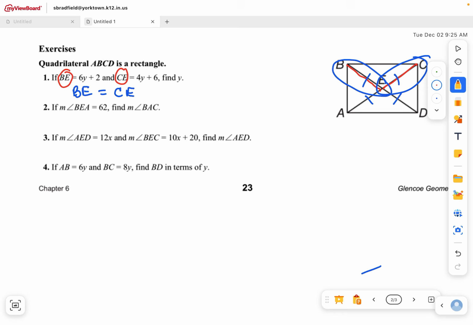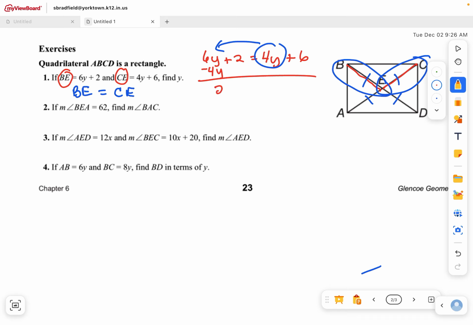And we're just going to then plug in the values. That was the geometry part. When we plug in the values, I'm going to get 6y plus 2 equals 4y plus 6, and then we can solve. So variables on the left, and we're going to subtract 4y.